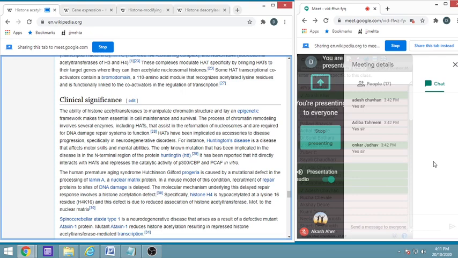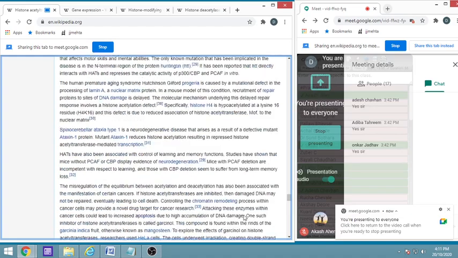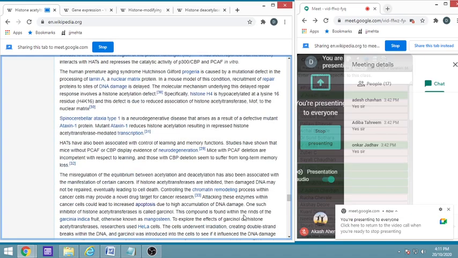We have seen the nomenclature, and this defect is due to the reduced association between histone acetyltransferases and the nuclear matrix. Then there are other diseases too. There are a variety of diseases resulting from this, so therefore it plays an important role, and therefore we have studied these histone acetyltransferases.